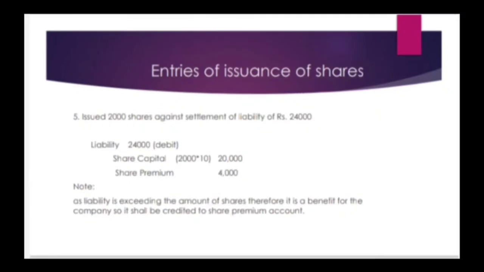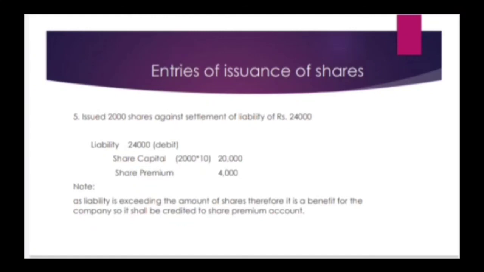Then issued 2000 shares against a settlement of liability of 24,000. So liability of 24,000 shall be debited because it is being paid and liability is being reduced. Then share capital by 2000 into 10, 20,000.